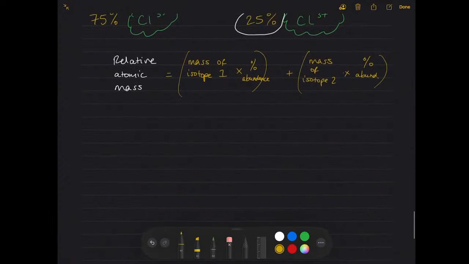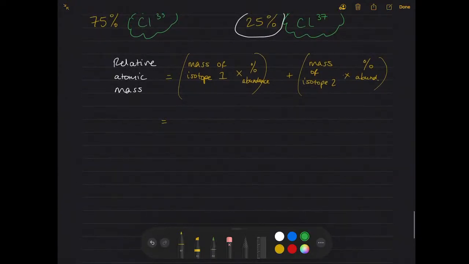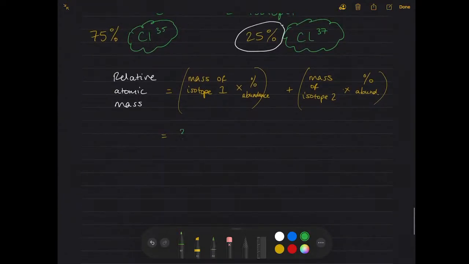So let's chuck in the values we have for chlorine as a worked example. The first isotope is 35 times by 75% plus 37 times by 25%. And overall, you end up with 35.5 as the mass.